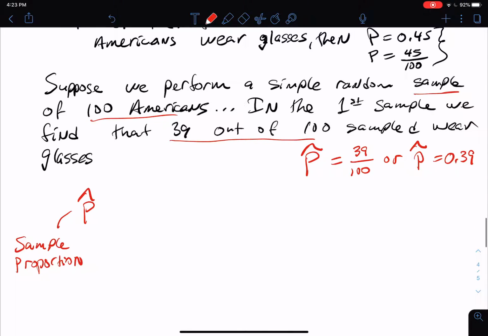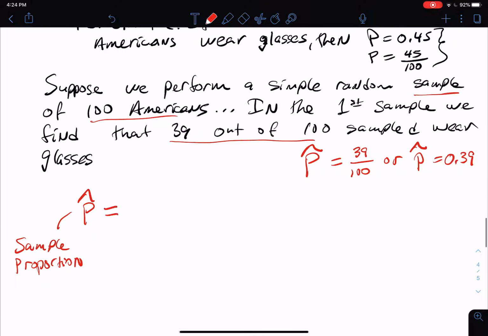Then taking a simple random sample of 100 Americans at least gets us in the right direction, a starting point to answer that question. It's not perfect. Every additional sample is going to have a different answer, because you're randomly sampling a different set of 100. That means this p hat is a random variable that changes, and that random variable can be put in a distribution.